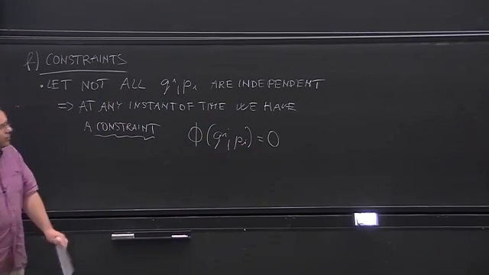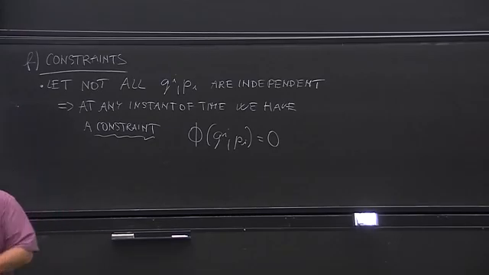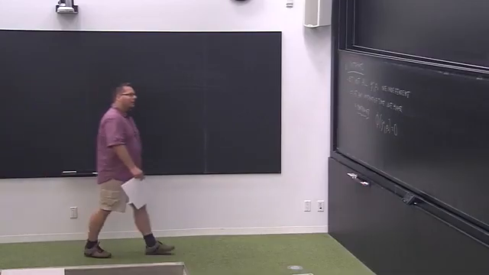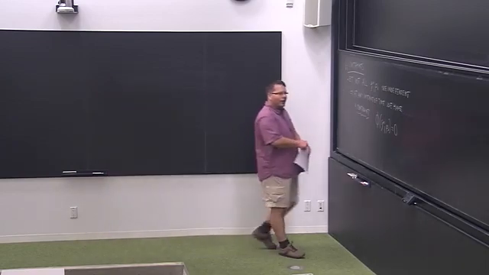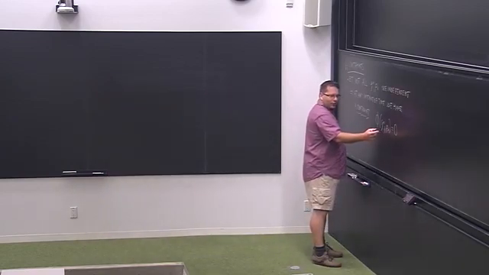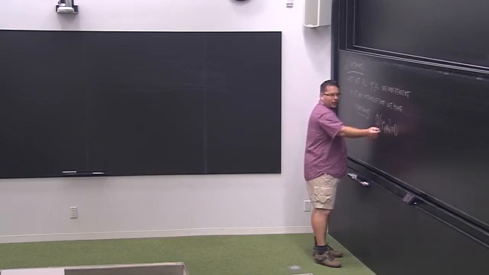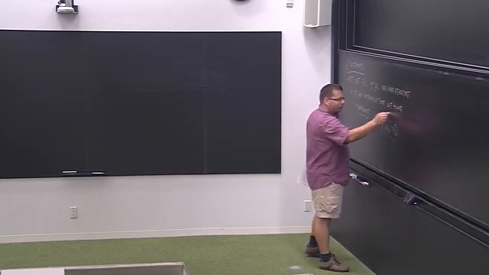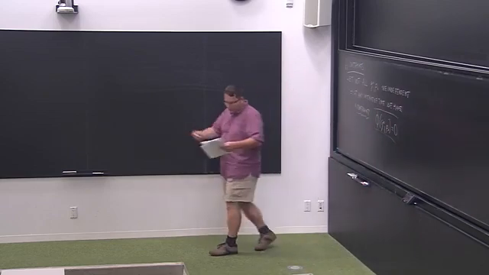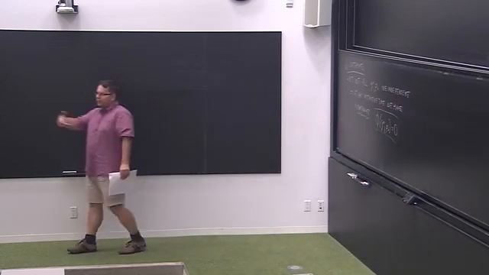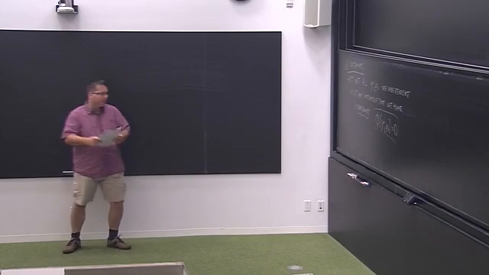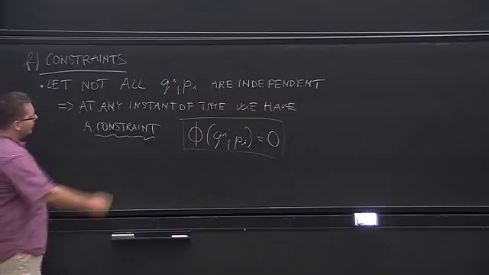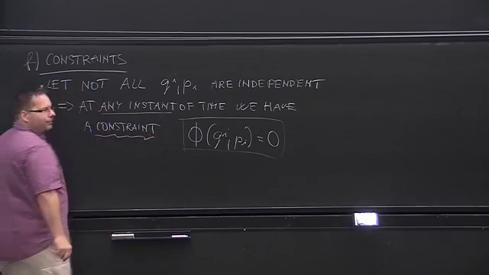So what I will typically be doing, however, is that I'll distinguish two cases. And in the first case, which you've probably already seen, it's even more special. In that case, you have just phi as a function of Qi equal to 0. An example of that is a pendulum where you have x squared plus y squared equals L squared. By the way, I require that this is true for any instant of time.